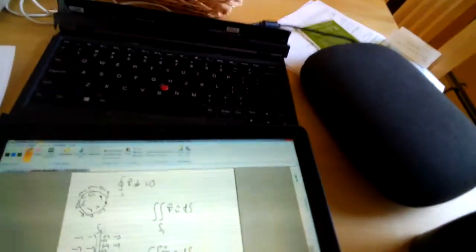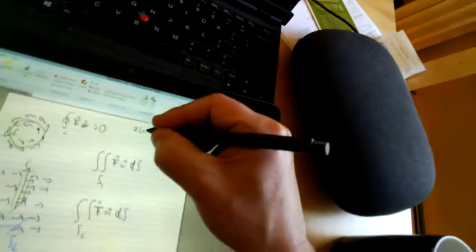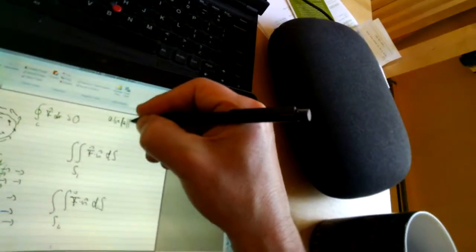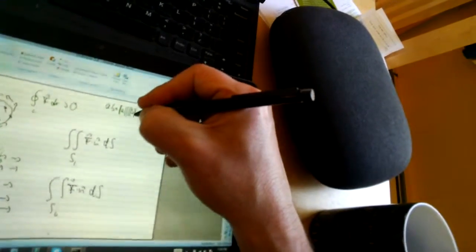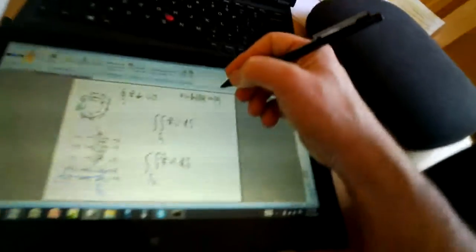All right, so remember that, of course, the dot product goes like this. We know for the dot product that A dot B is equal to the length of A times the length of B times the cosine of the angle between them. That's good old stuff from way back when.